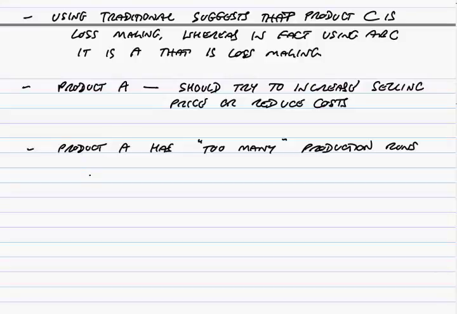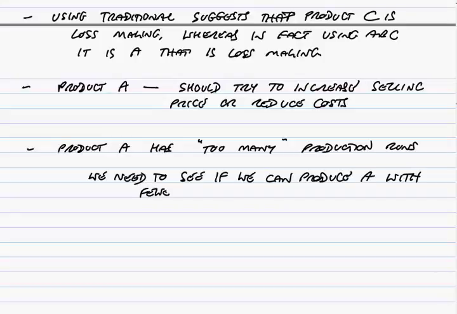So we need to, if we can produce with fewer production runs, if we can be more efficient. If there are fewer production runs, there'd be less of the overheads charged to A. That would bring down the overhead cost to the product cost. It would go some way to making us more profitable.